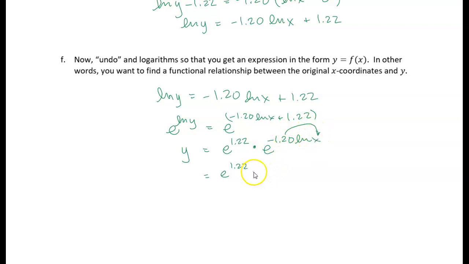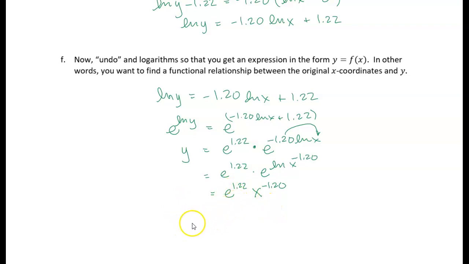So I get e to the natural log of x to the minus 1.20. Now I've got e to a natural log, so I can just write e to the 1.22, and this becomes x to the minus 1.20.